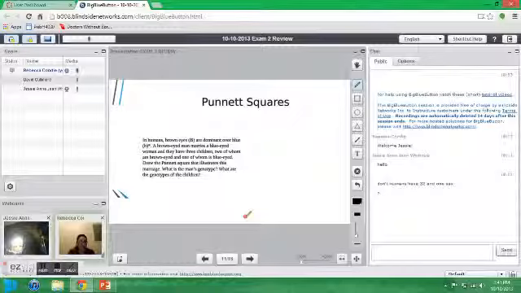So now we're going to practice some Punnett squares. Punnett squares can take a little while to get used to. They did for me. So let's go through this together.